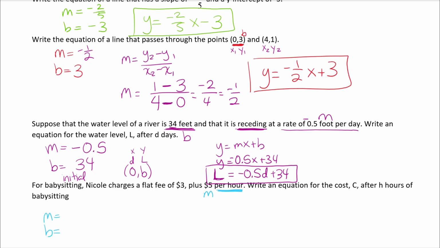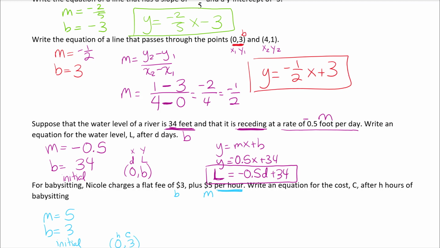Well, B is the initial, where it's starting, or the starting point. That's going to be $3. Even if you have 0 hours, I'm going to have my babies being watched 0 hours, you're still going to be charged a flat fee of $3. So that's the hours and then the cost. Okay, so 3 is my B and M is 5.